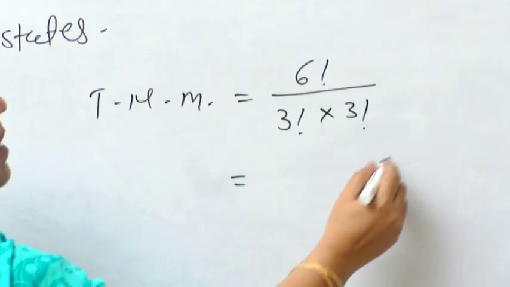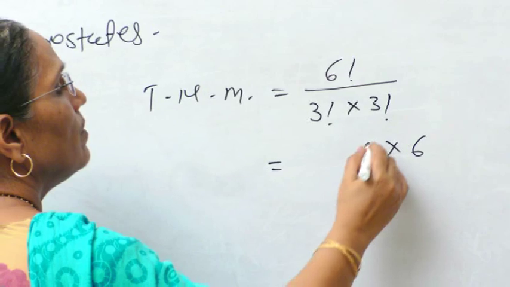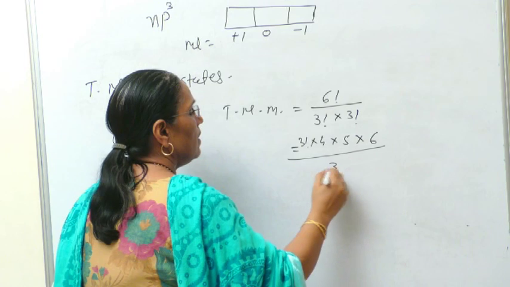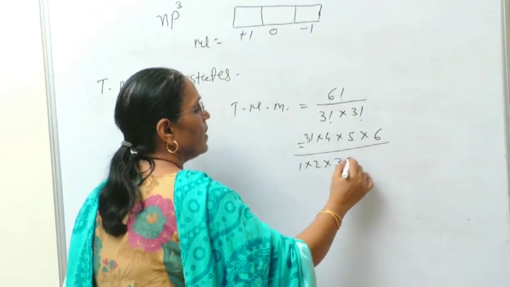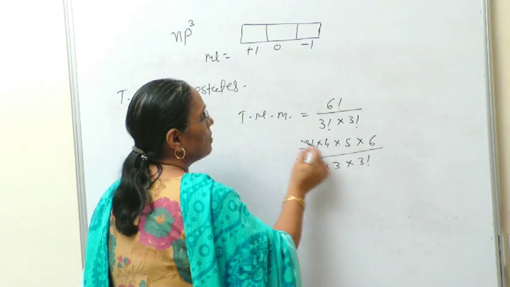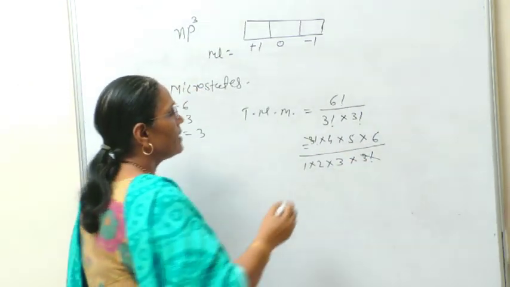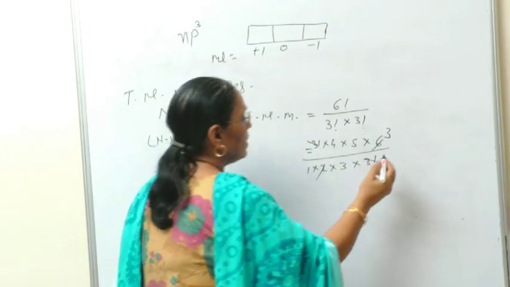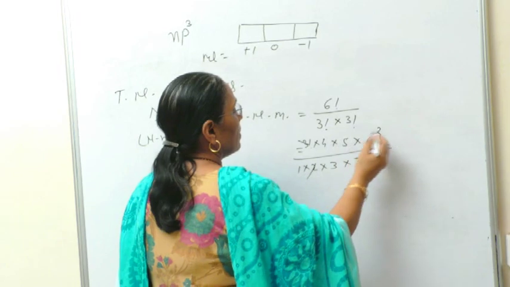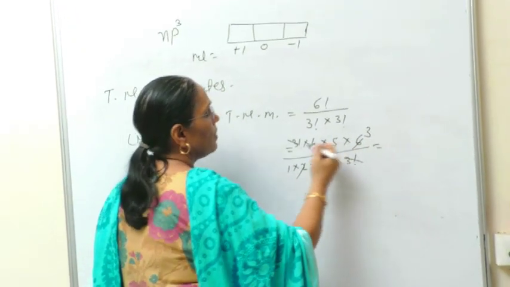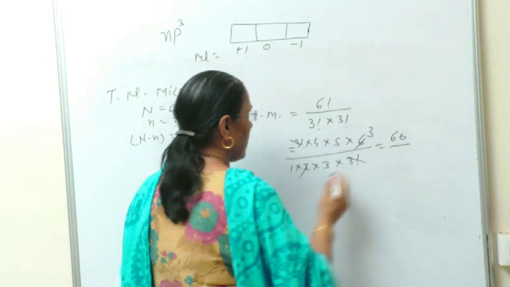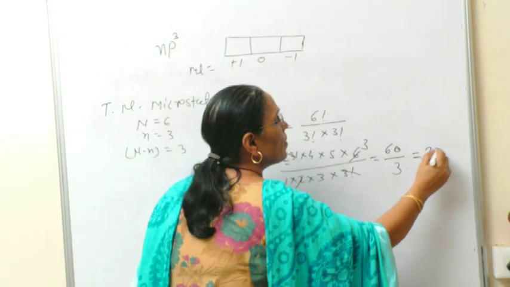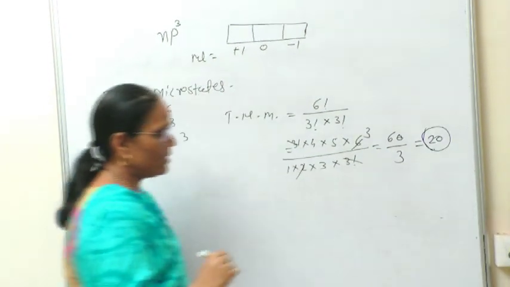So this will come to 6 into 5 into 4 into 3 factorial by 3 into 2 into 1 into 3 factorial. So 3 factorial will get cancelled. 6 by 2 is 3, and therefore the answer comes to be 5 into 3, 15, 15 into 4, 60 by 3. Therefore, total number of microstates for p3 configuration is 20.